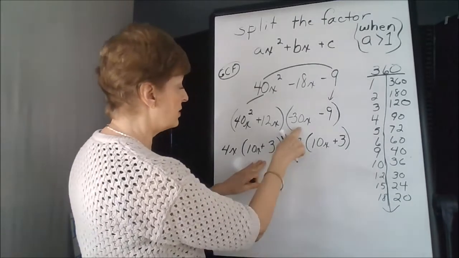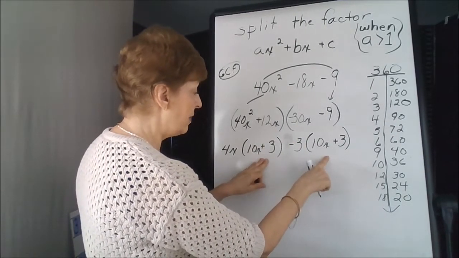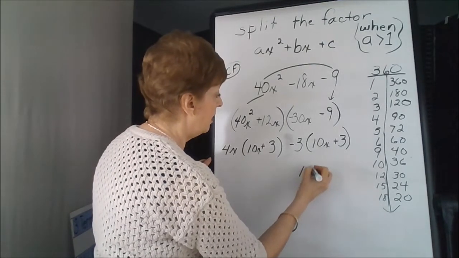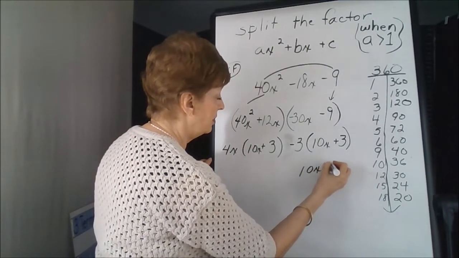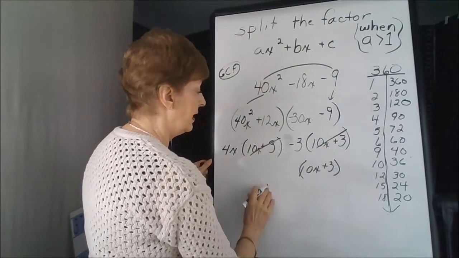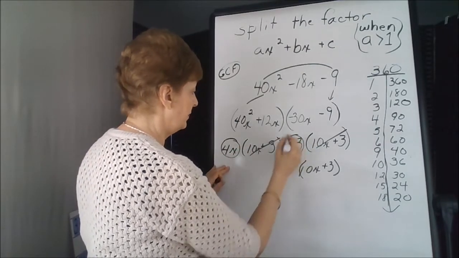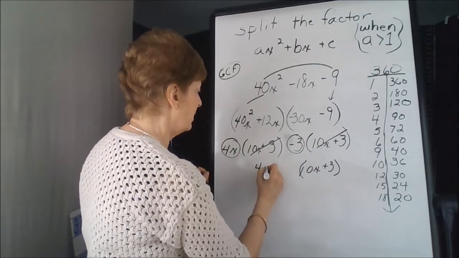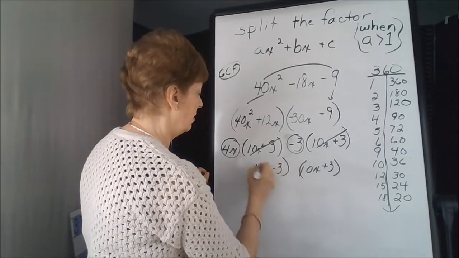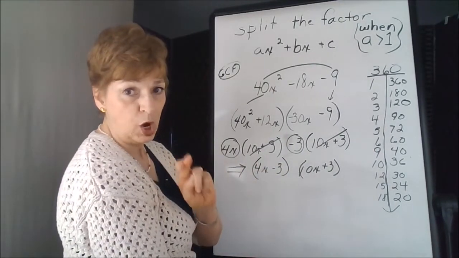So that was the right order. We got what we needed. So this matches. That's one of the factors. And the other factor is the combination of what we took out: 4x minus 3. This is our answer, we hope.